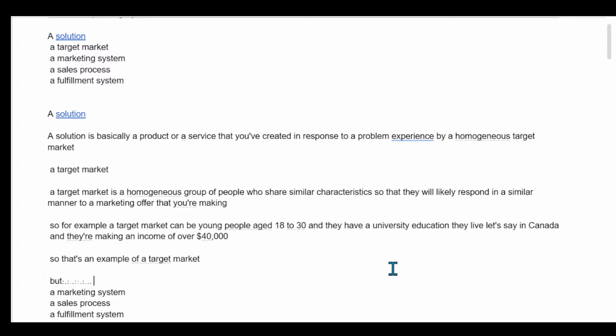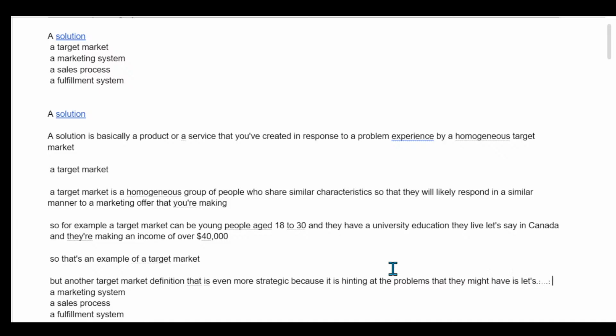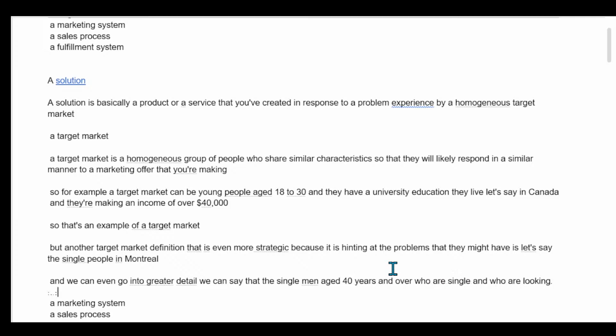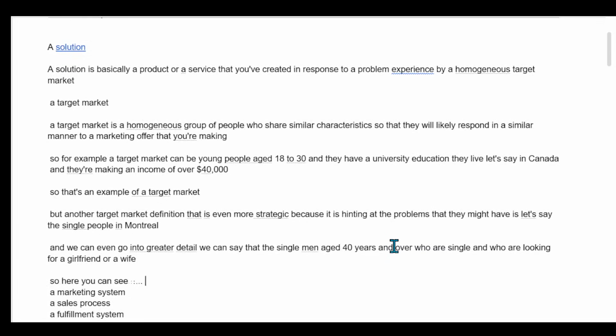But another target market definition that is even more strategic, because it hints at the problems that they might have, is, let's say, single people in Montreal. And we can go into even greater detail. We can say single men aged 40 years and over, who are looking for a girlfriend or a wife.